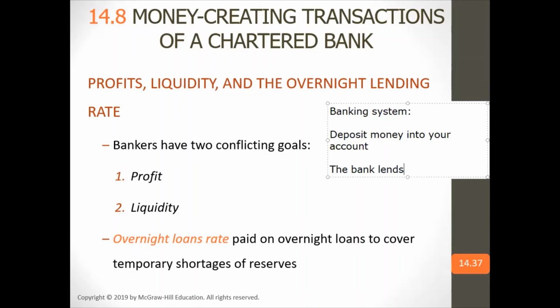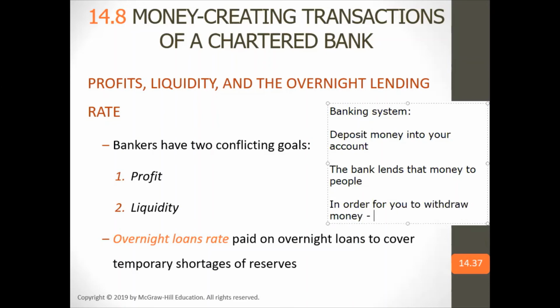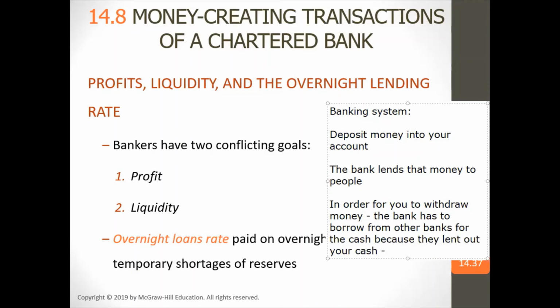The bank lends that money to people, and then in order for you to withdraw money, the bank has to borrow cash from other banks, because they lent out your cash, basically, and they pay the overnight loans rate for the borrowing.